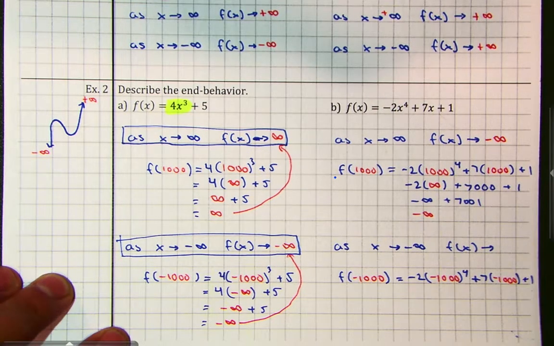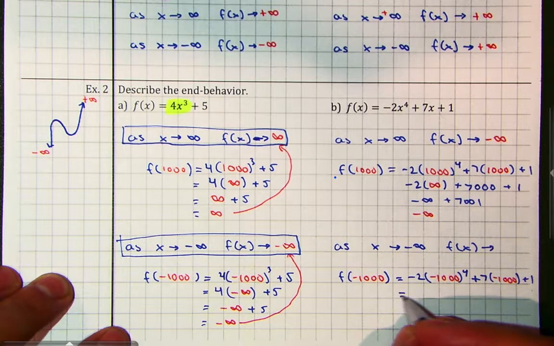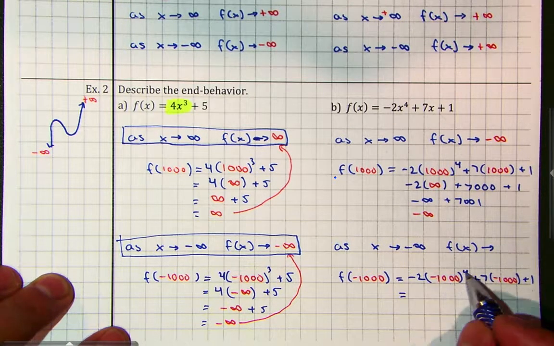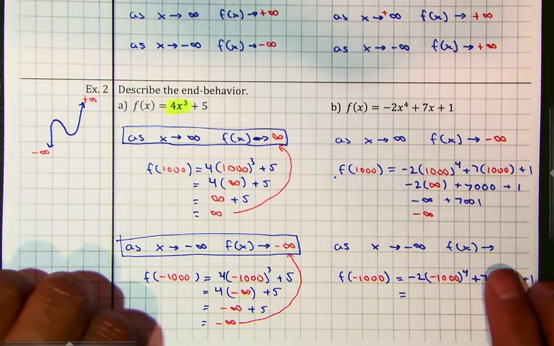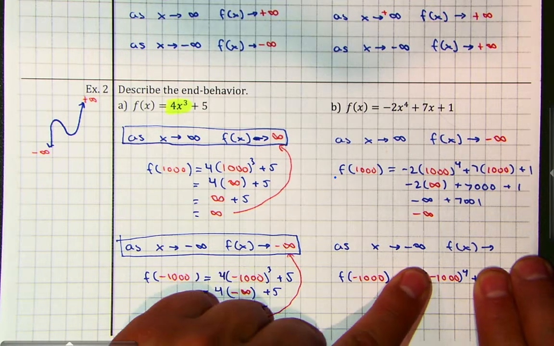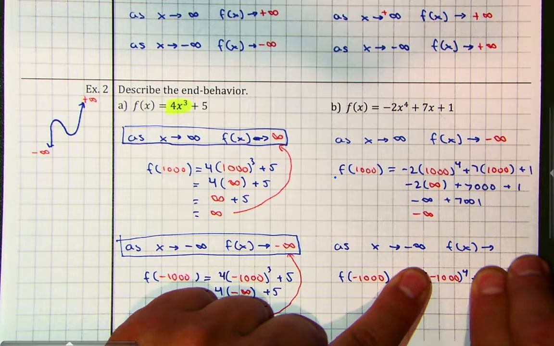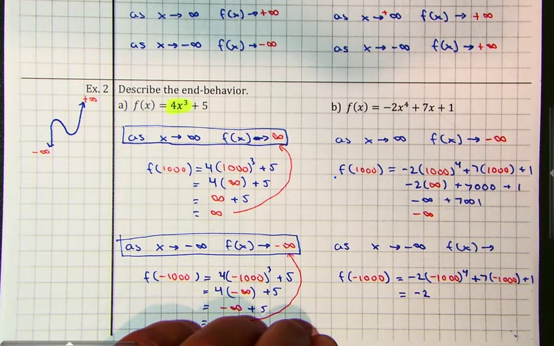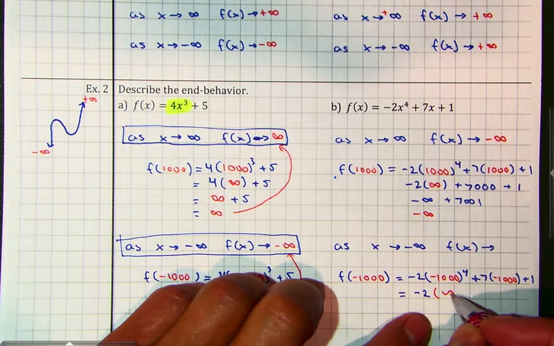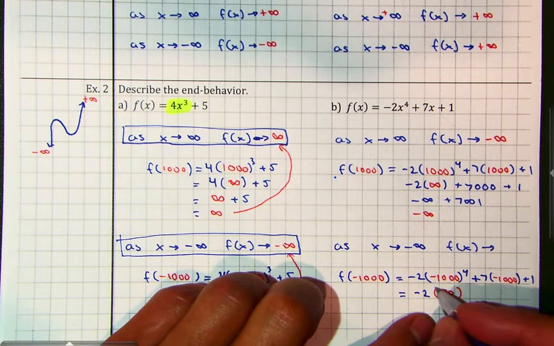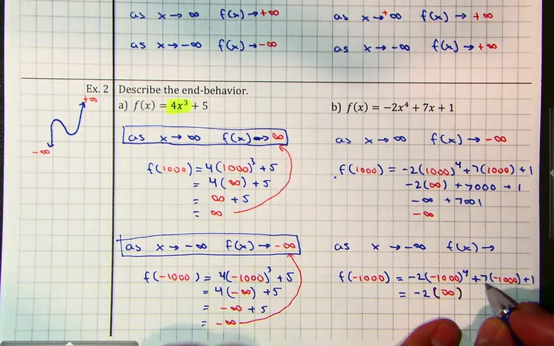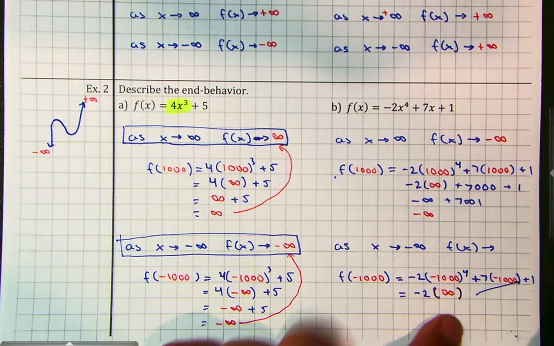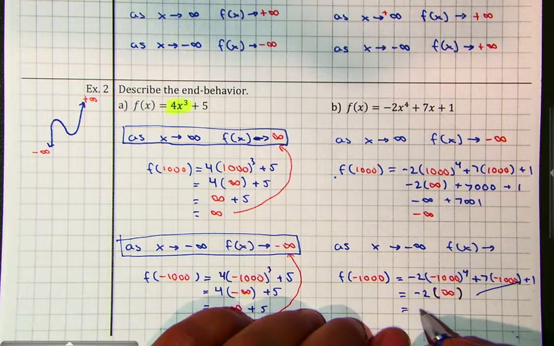And I'm just going to simplify. So negative 1,000 to the 4th power, is that going to be positive or negative infinity? Whenever you raise it to an even power, it's going to be positive. So negative 2 times positive infinity. Will this make a difference? No. So therefore, this will be just negative infinity.